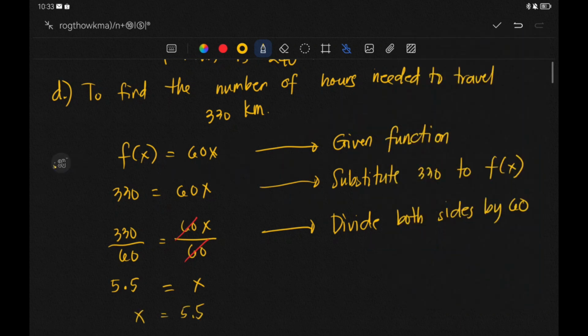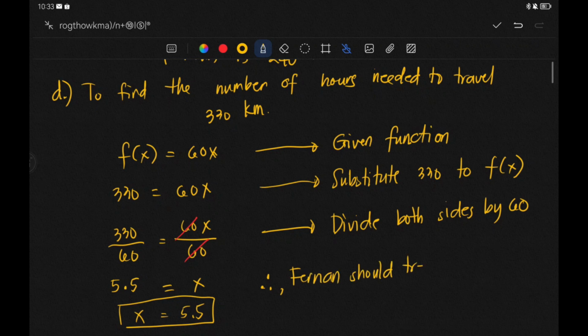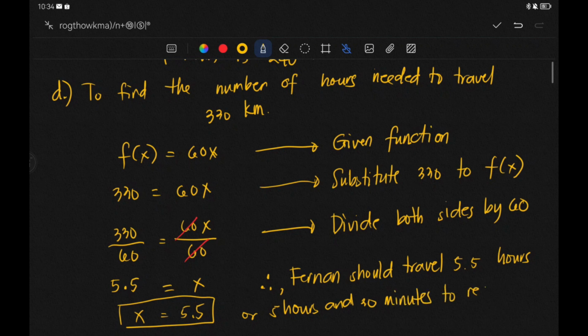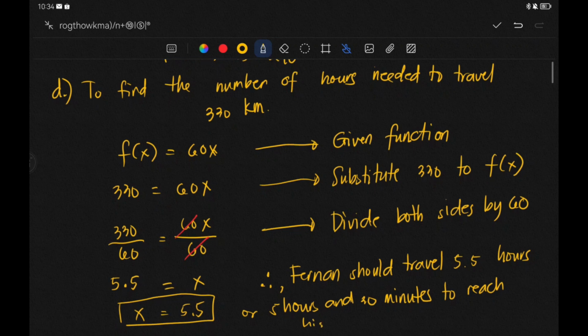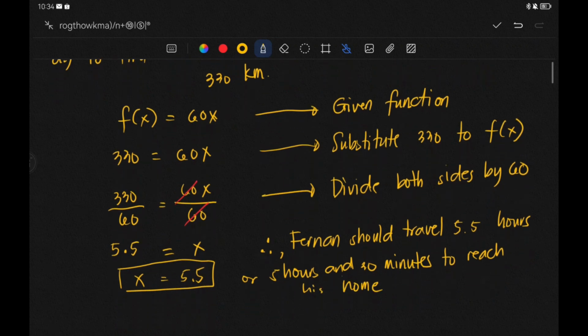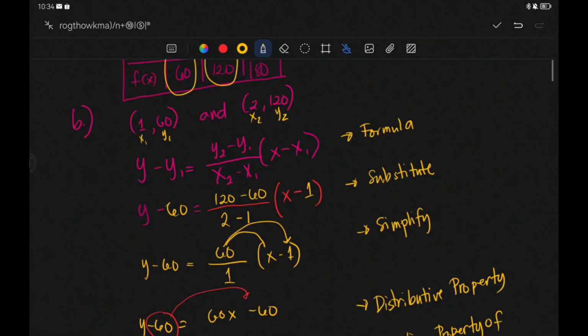Thus, or therefore, Fernan should travel 5.5 hours or 5 hours and 30 minutes to reach his hometown. Now we are done with letter D.